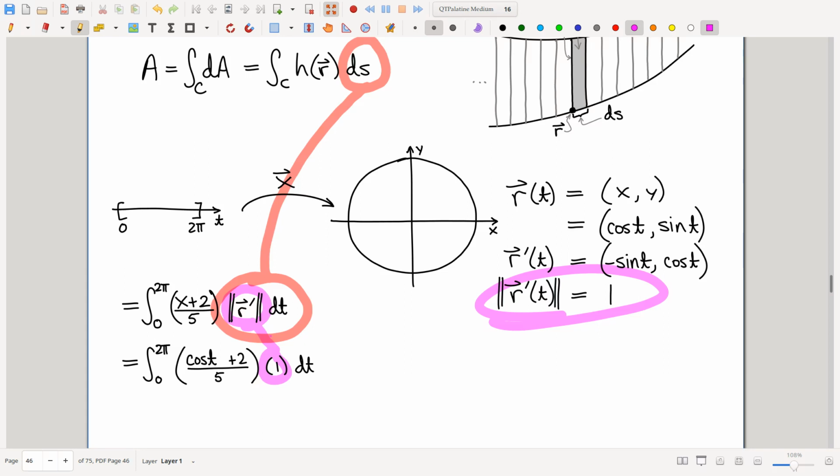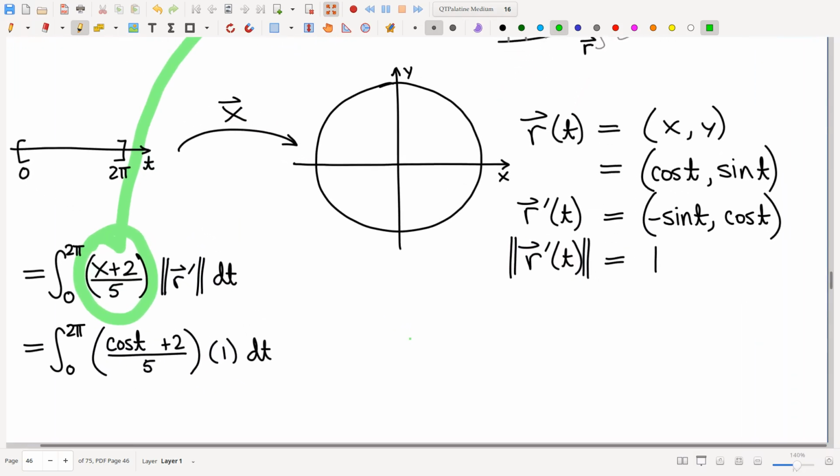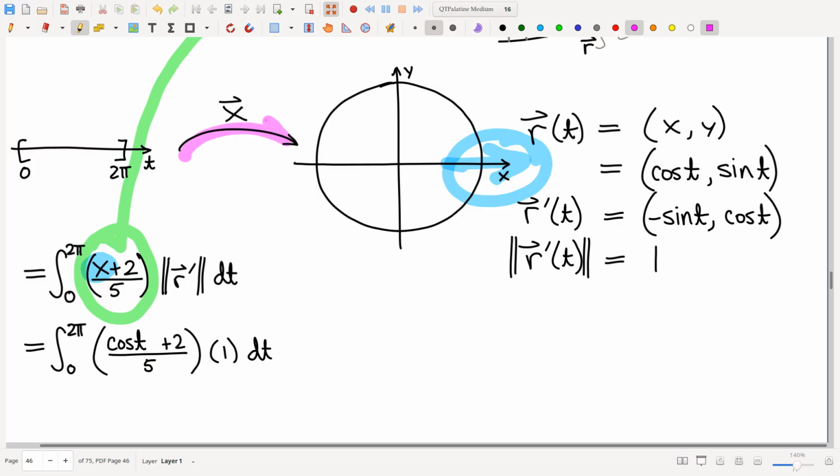All right. The next thing, we've got to plug in for the height. Well, the height we were given was that formula. Here's the same question we faced previously again: what do I do with this x? Well, remember x, you can see it right there. x is one of the outputs from your parameterization.